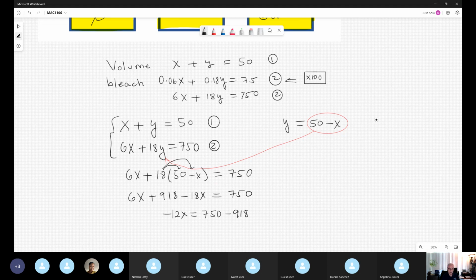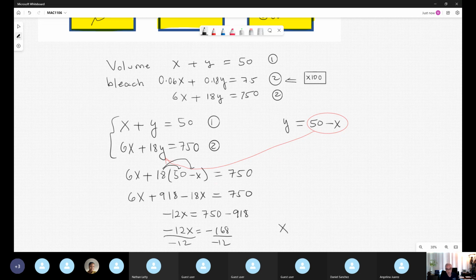The answer is 168, but negative. It's a negative 12. This is negative because we put the sign of the bigger number. Now divided by minus 12, both sides. Divided by 12. And the answer is 14.